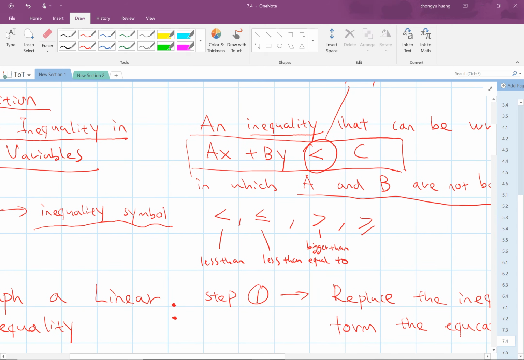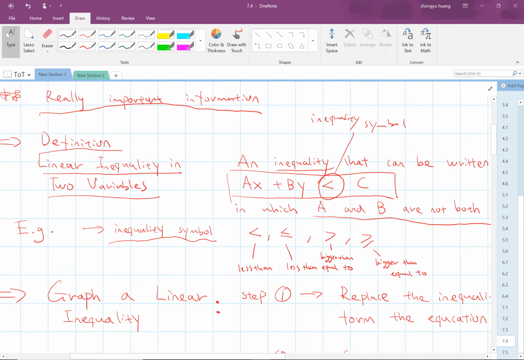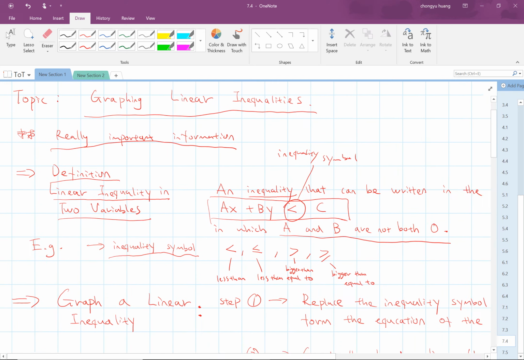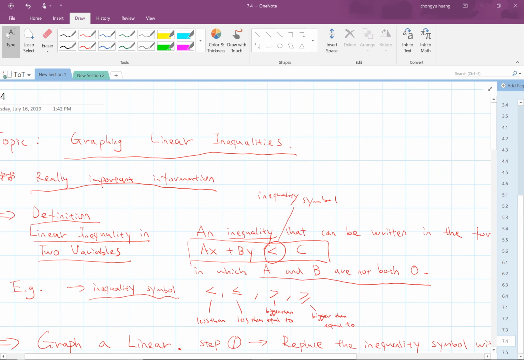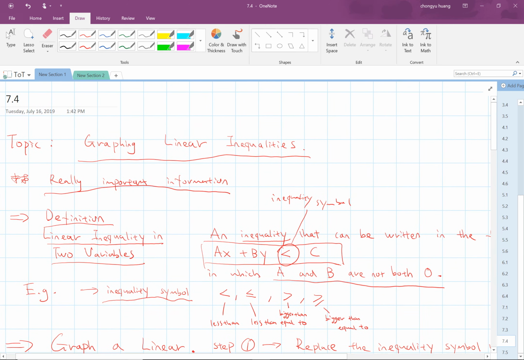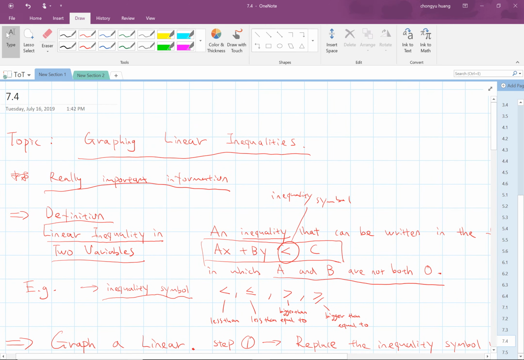Sorry for the writing. And then this one represents bigger than or equal to. So keep in mind those symbols, because those are all the symbols for the inequality.